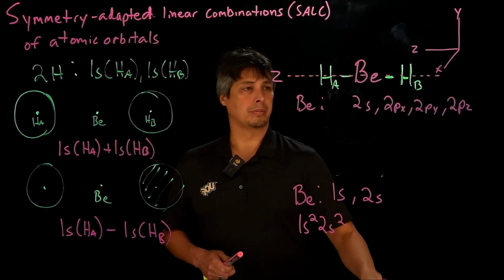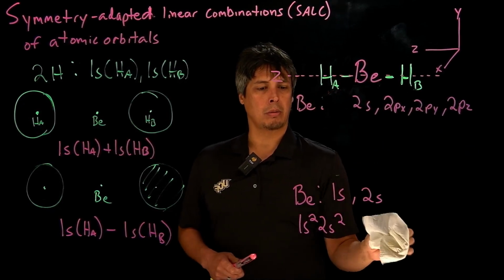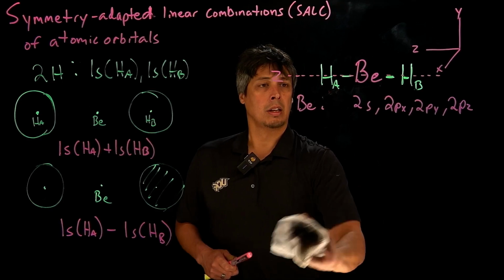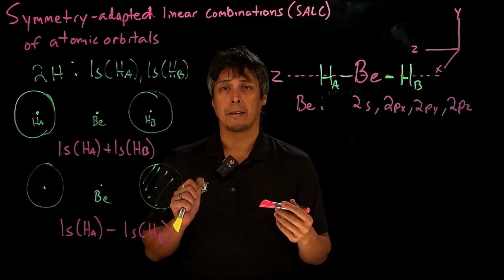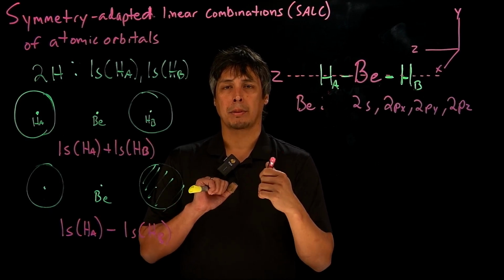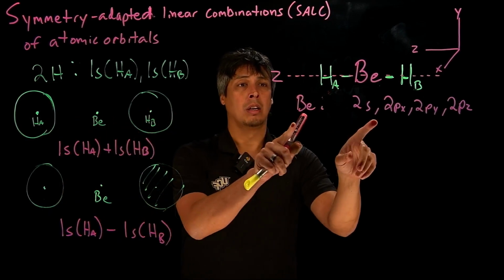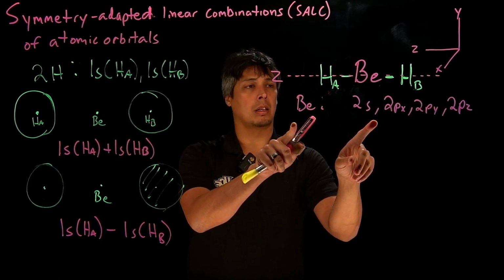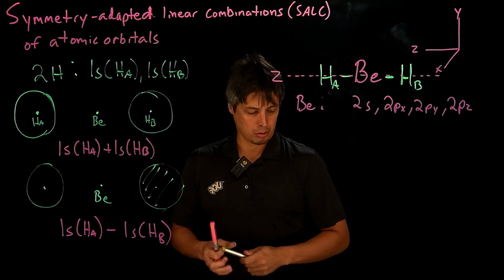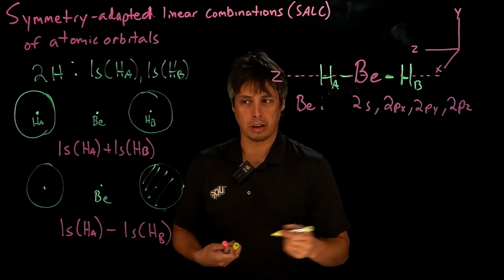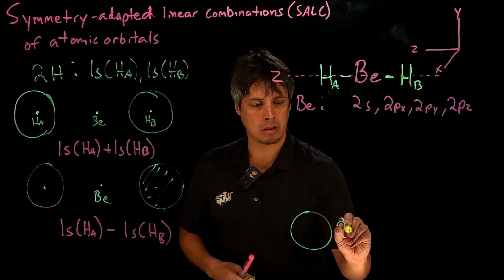All right, so what we have to do is consider how these would be able to overlap constructively and destructively between the SALCs and the atomic orbitals for beryllium, okay? And so for the atomic orbitals of beryllium, the lowest energy one is going to be your 2s, right?